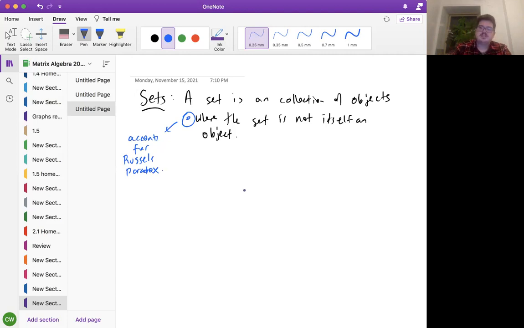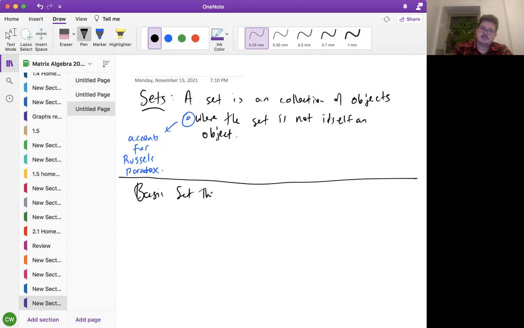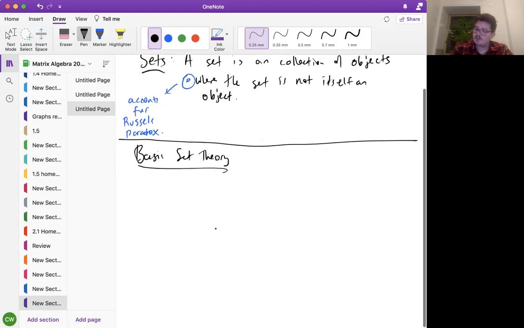Okay, so let's give some basic set theory. I think most of you know this. Union of sets.